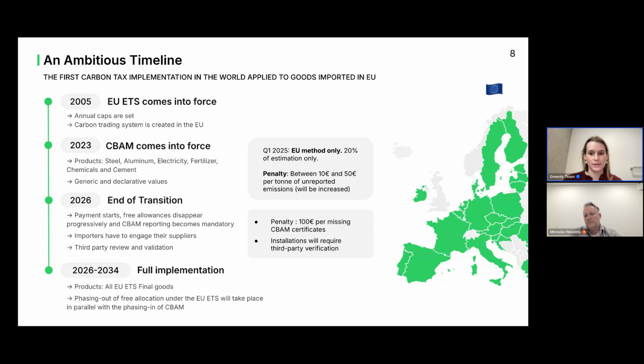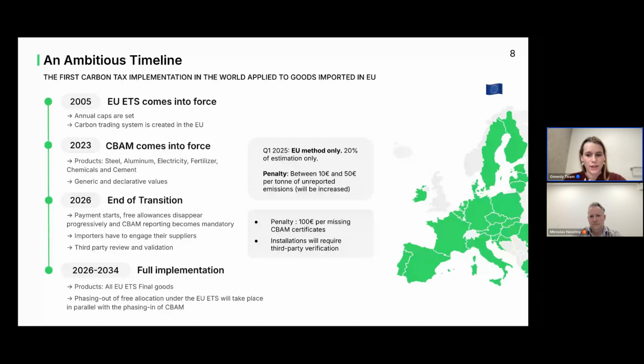In 2026, importers will need to engage their suppliers, secure third-party validation, and begin mandatory payments as free allowances are gradually eliminated. So more and more carbon emissions will be covered and will need to be covered by certificates.